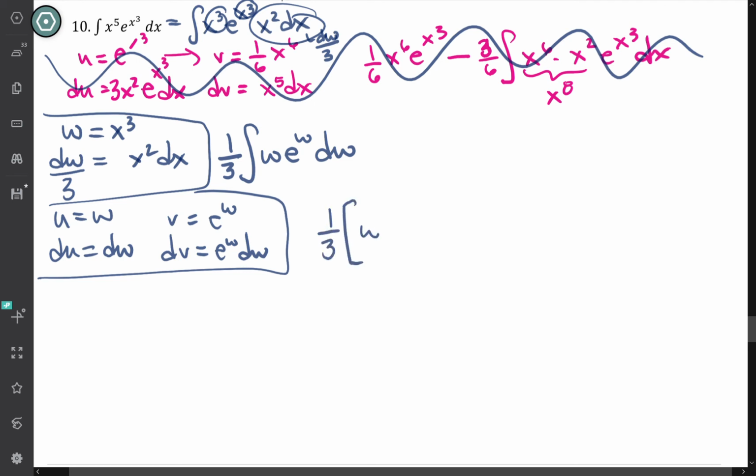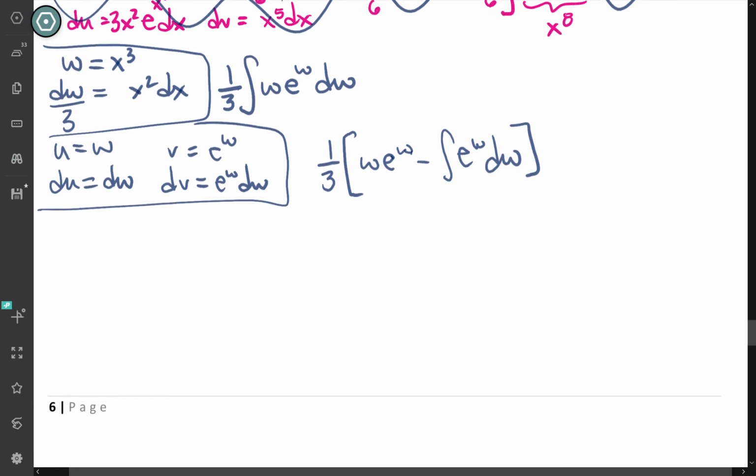I have u times v, w e to the w, minus the integral of v du, which is 1/3 w e to the w minus 1/3 e to the w plus c. So I kind of did 2 steps at once. The antiderivative of e to the w is still e to the w, and I distributed the 1/3 in there.